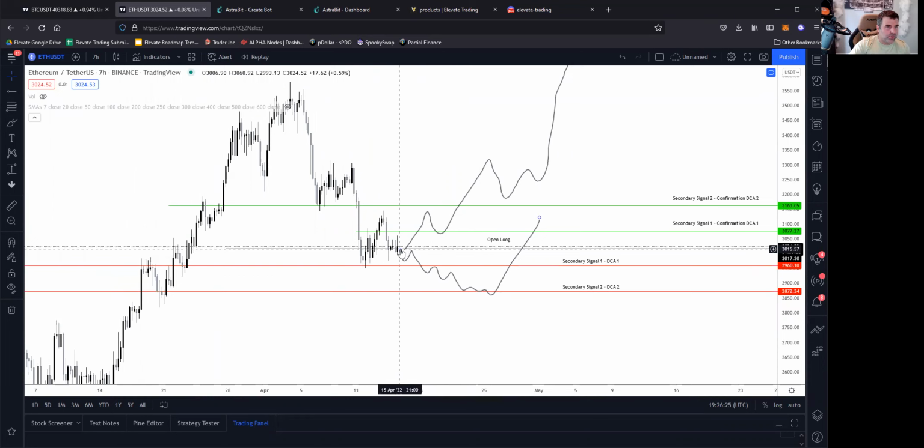So now my average will go from $3,015, and then it'll average in these 3 entries, which will put my average probably somewhere around here instead of here. So that saves me from being in a loss of about 4.5 to 5%. Maybe you're cutting that in half because your entry is cut in half.